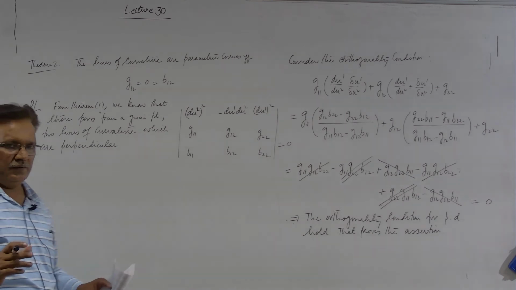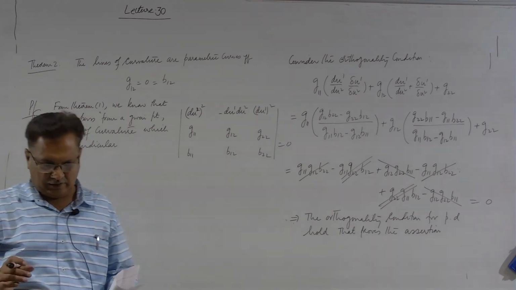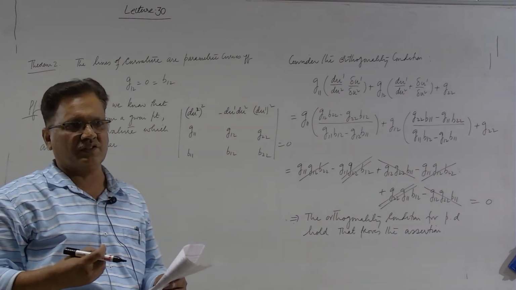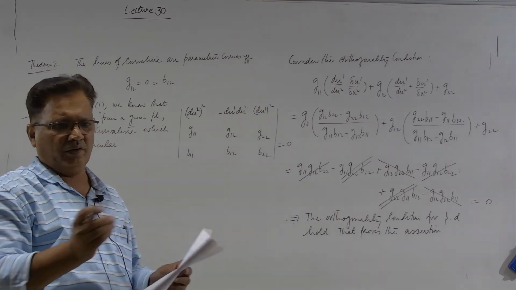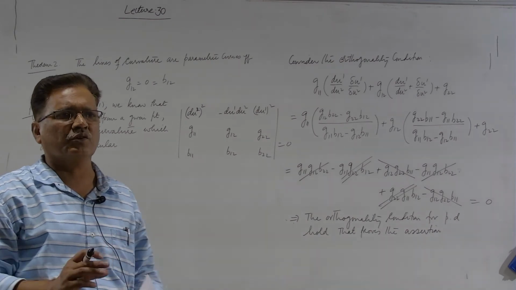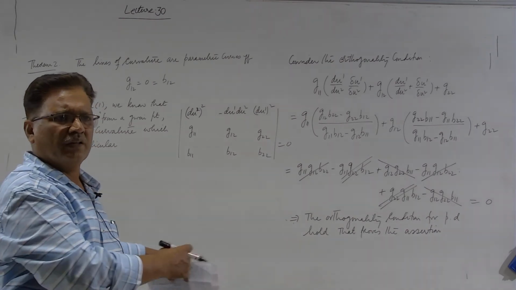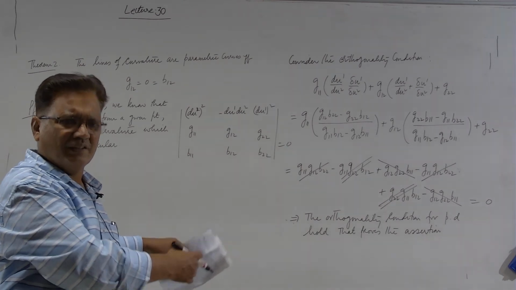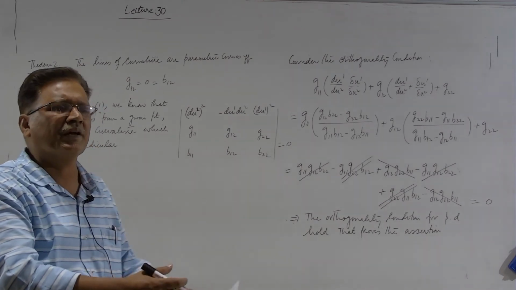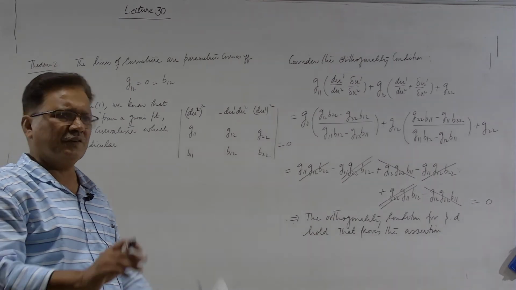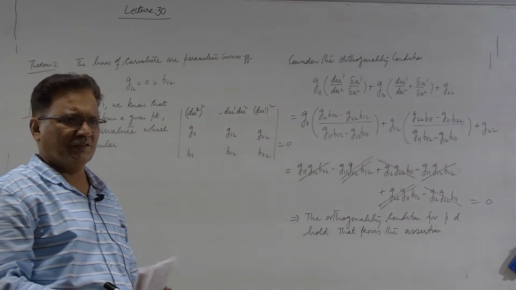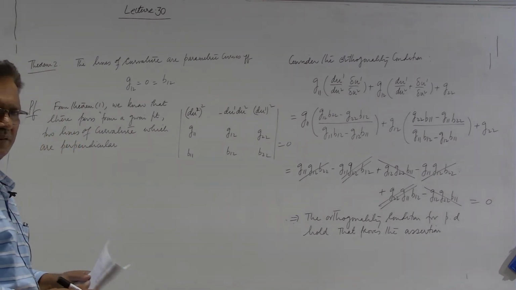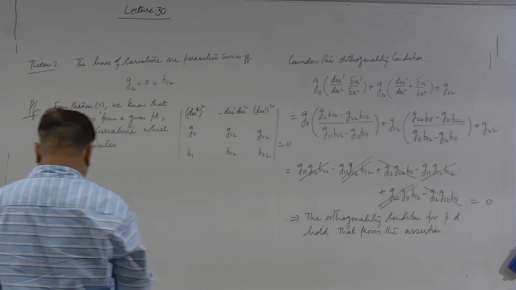Now, geometrically you can easily realize that if you have got hold of two curves on a surface, from every point you have got a pair of curves which are orthogonal to each other, then you can work out your parameter so that these two curves become parametric curves. So, it is always possible. So, we can assume these curves as parametric curves. Yes.